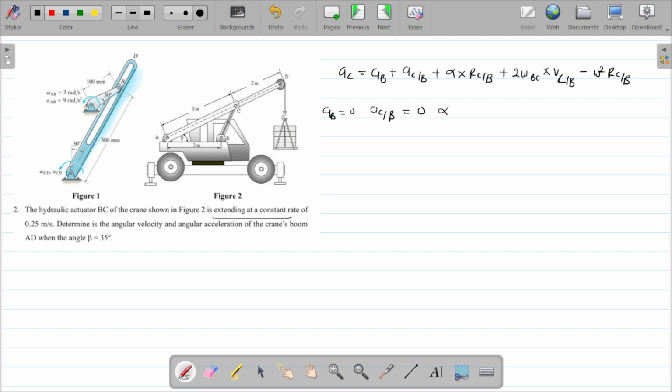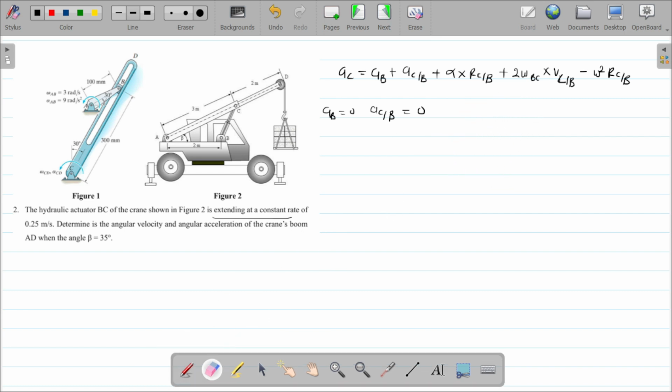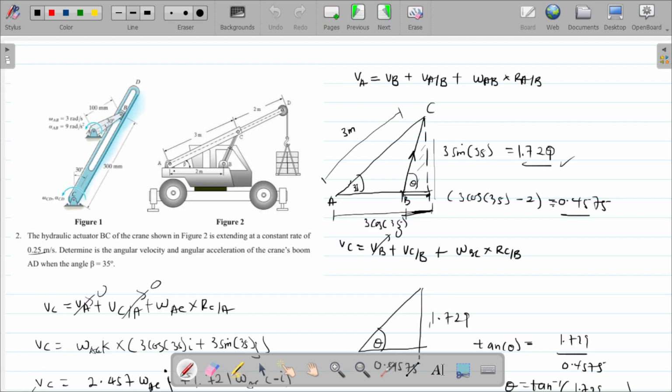Alpha we don't know, so alpha BC is just alpha BC K. And then R of C relative B. So the previous R of C relative B, we had what? This plus this.